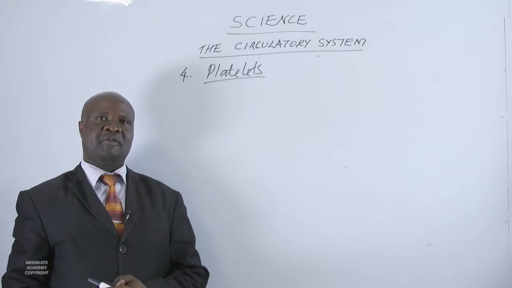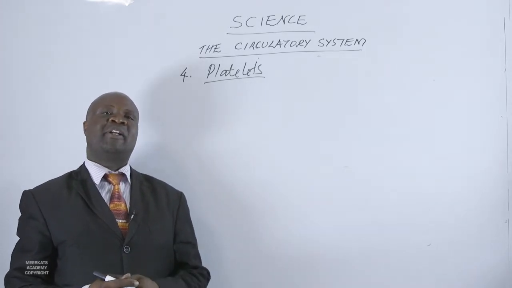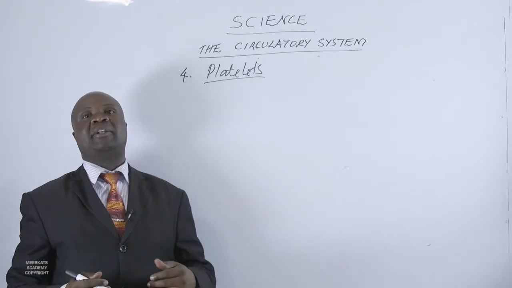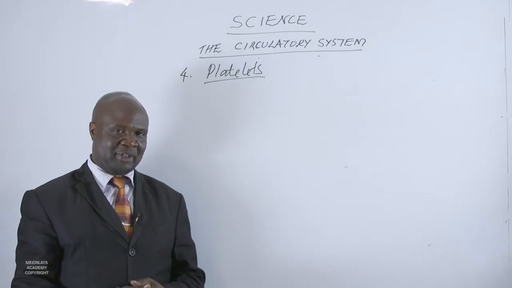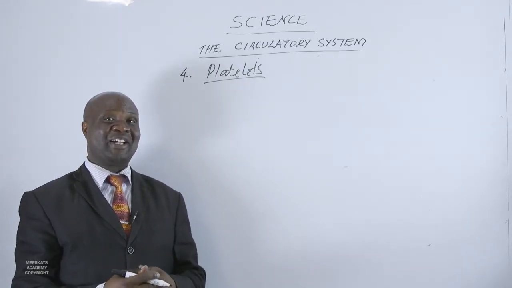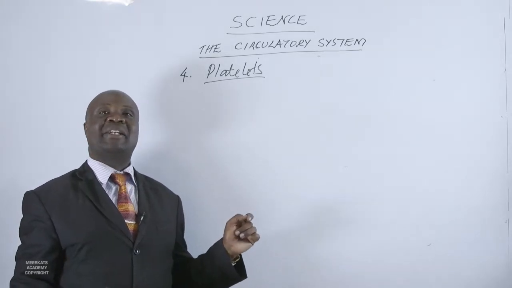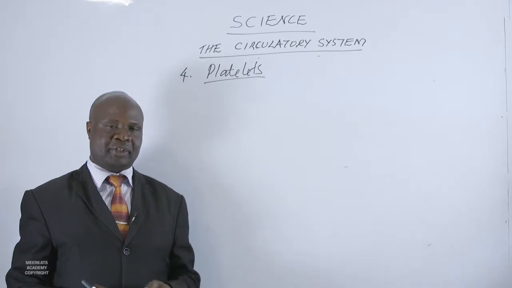We know if you have a scar, a fresh wound and so forth, blood will be dribbling out. So for that blood to stop, for clotting to take place, these platelets are very important. They assist in blood clotting.